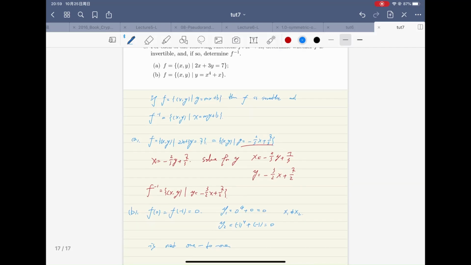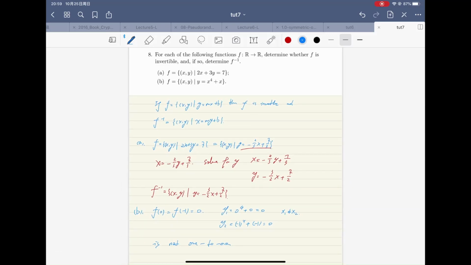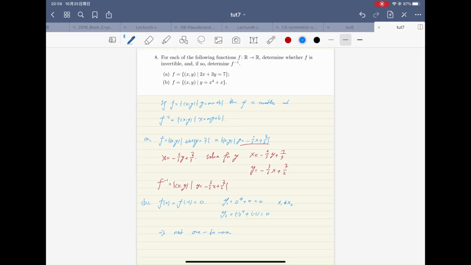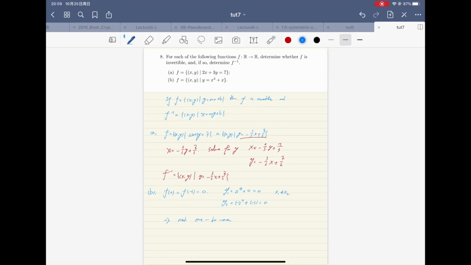If the function is not one-to-one, then the function is not invertible, so we cannot find its inverse function. So f is not invertible.